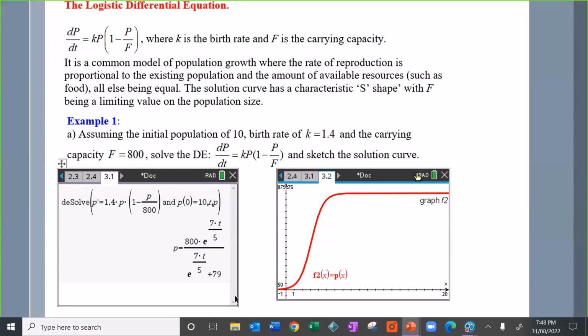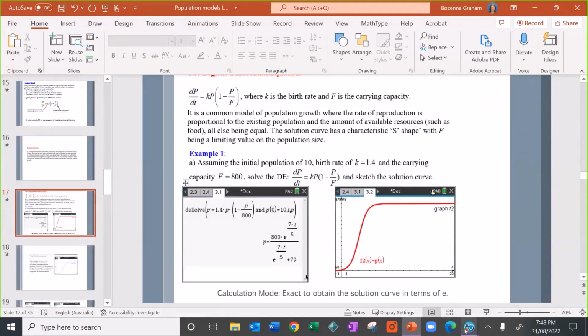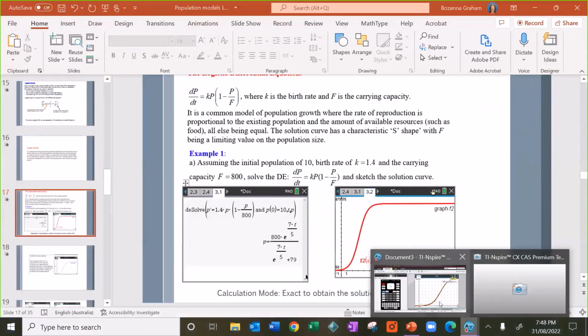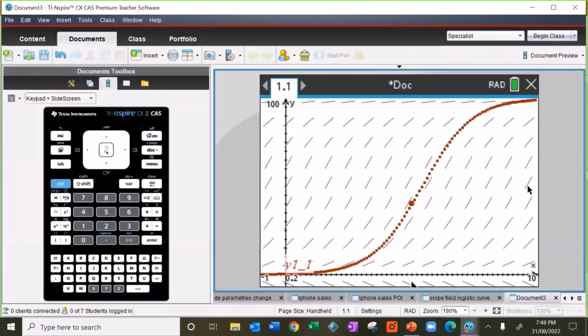I just get the equation ready to enter. So let's go to the calculator. Again, I close this one because we've done this.